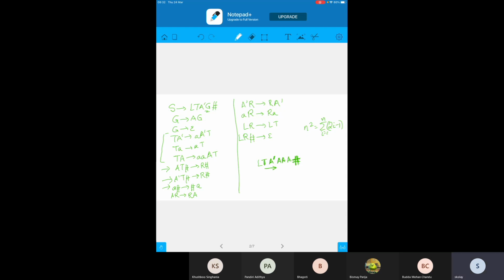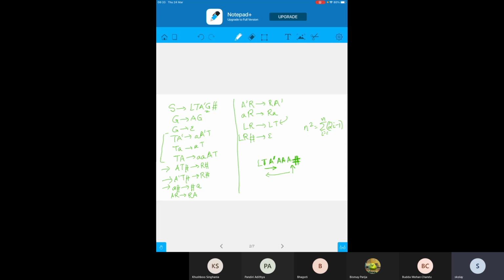And now once I have done this, look at this R. This R is basically the tape head right before this hash symbol. Now I will try to get this R back over here in front, just after L. Once R is just after L, I will generate another T in place of R.